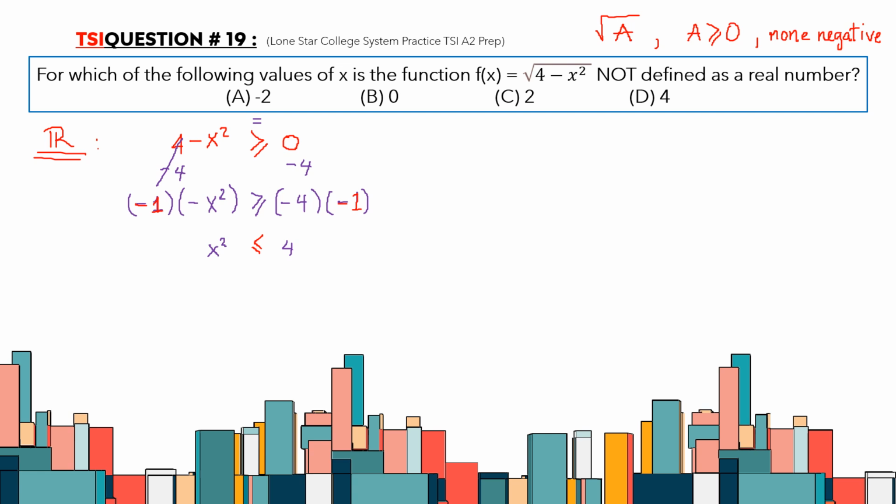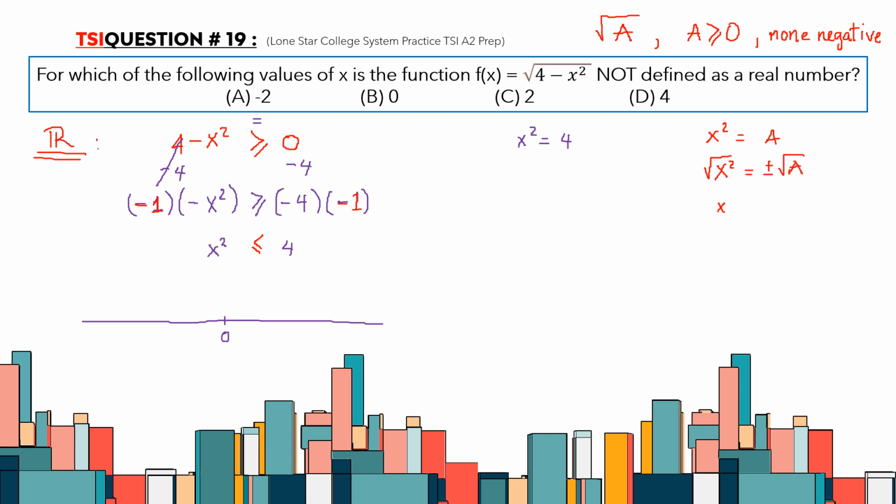So we have to find the 2 points where x squared equals 4. We usually solve that problem, right? x squared equals 4. And remember, we have a formula: when x squared equals a, we take the square root of both sides, and it becomes plus or minus the square root of a.